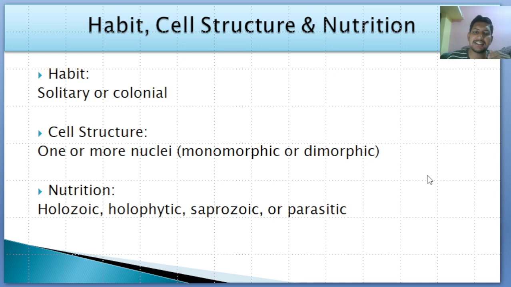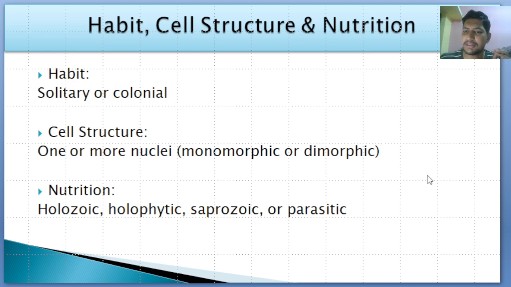Next, cell structure. See, there is a presence of one or more nuclei. See, some protozoans have only one nucleus, that is called monomorphic. Only one type of nucleus is present, and in case of some protozoans, they have two types of nucleus, that is dimorphic nucleus. That is very important in case of paramecium.